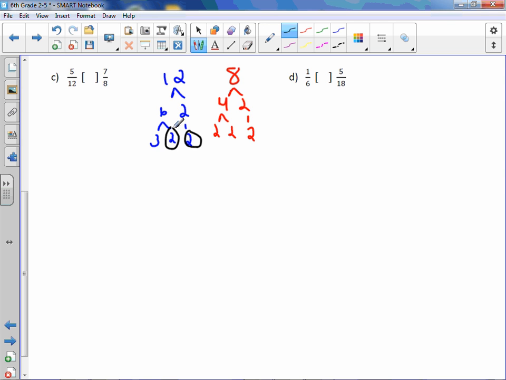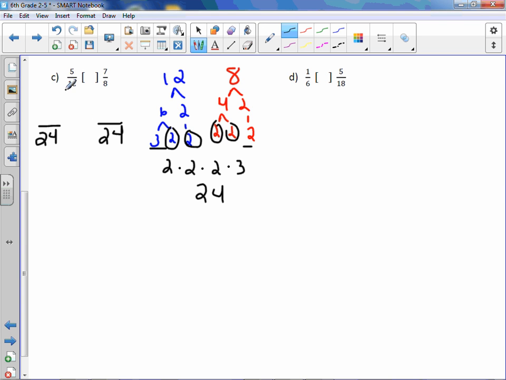Looks like 2 2's are in common. And the leftovers. 2 times 2 is 4, times 2 is 8, times 3 is 24. So again, we have another one with 24. Make your two common denominators.